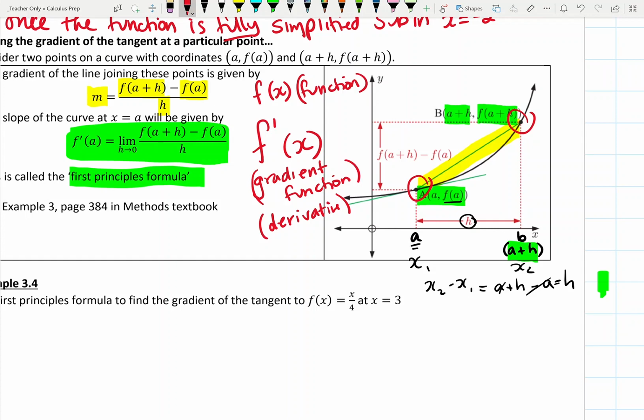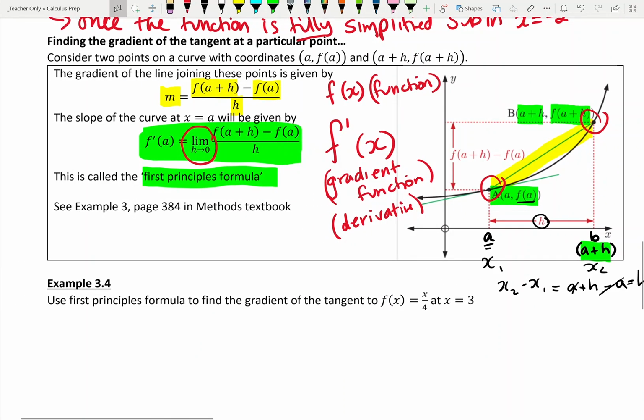And that's where the concept of the limit comes in. We can't let the difference between these 2 points equal 0, so instead we consider what happens as we approach 0. So that distance gets smaller and smaller, but not actually 0, and we can work out what's happening by using limits.